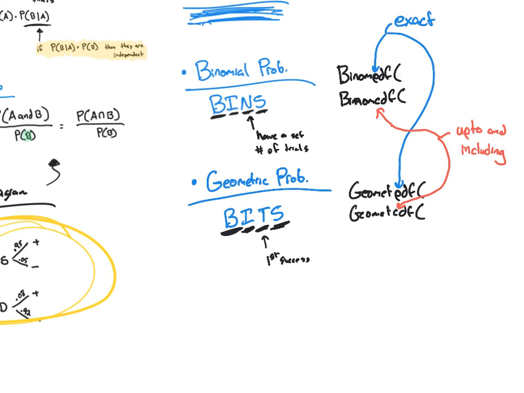So for binomial CDF, they might say, what's the probability that at most you get 7 out of 10 shots? Geometric, it would say, at most it takes 7 shots to find your first success. That's a CDF, up to and including those.